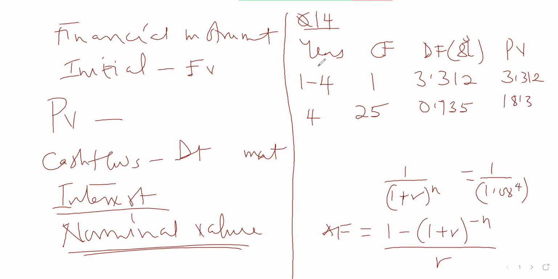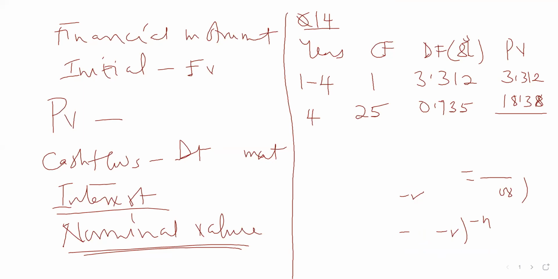Let's add them. 3.312 plus 18.38 gives 21.7 million.